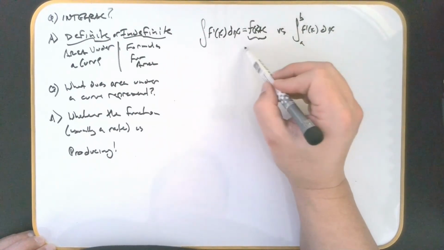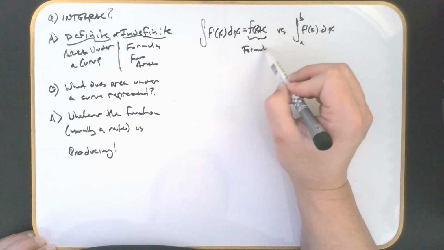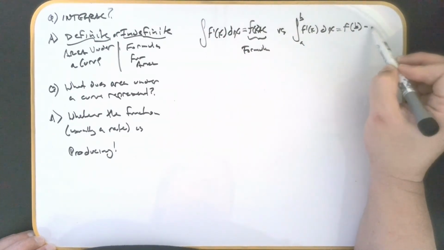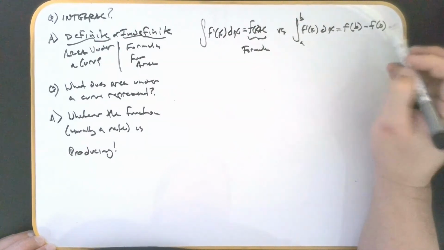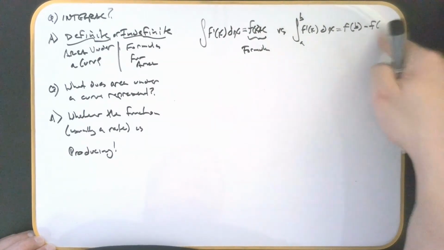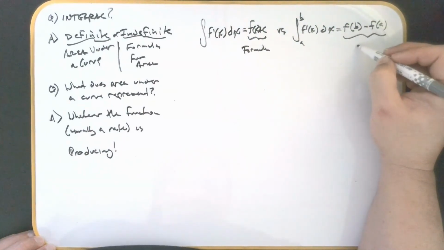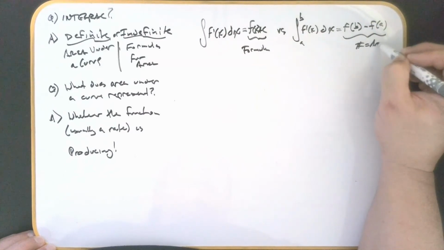And this would actually be the formula. It's going to be an equation. For this one, we're going to do the fundamental theorem, and we'd say that's going to be f of b minus f of a. Okay, and this is going to give us a number, and that number is going to equal the area.